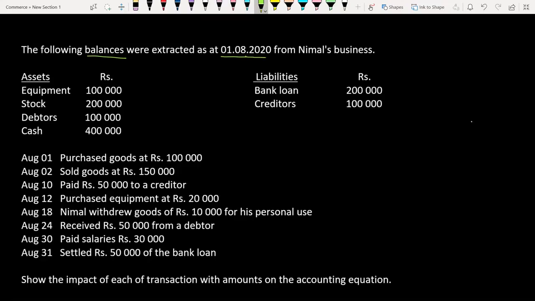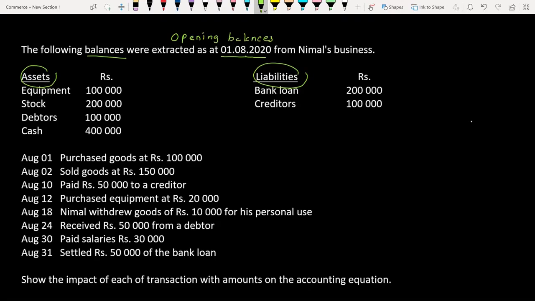So the balances at 1st of August are the opening balances of August month. So these asset balances and liabilities balances are the opening balances of Nima's business for the month of August.